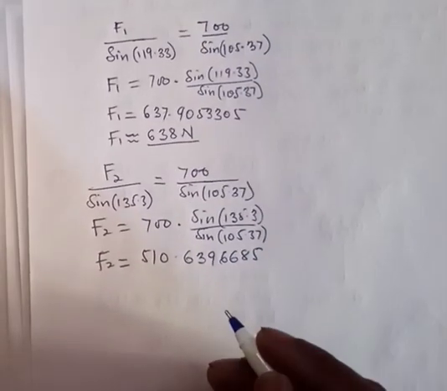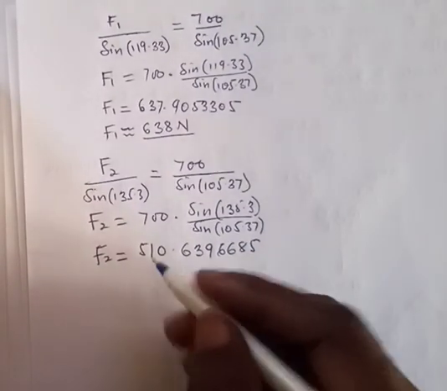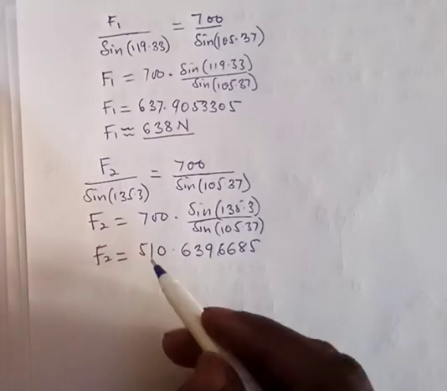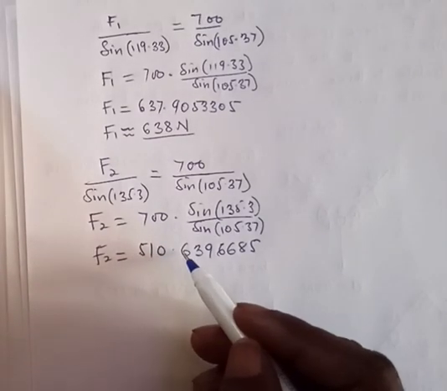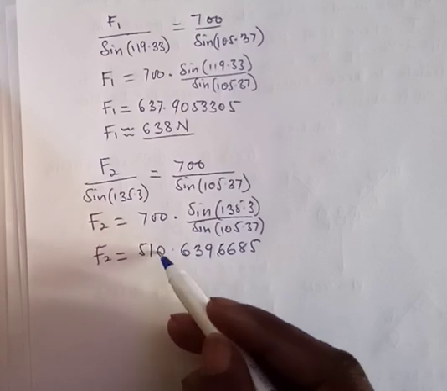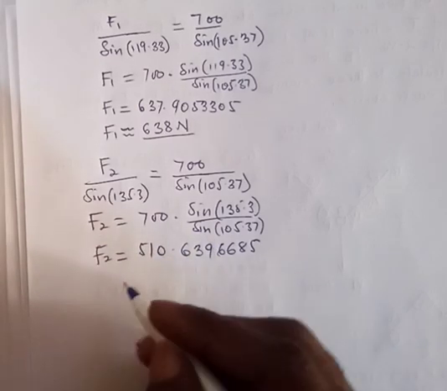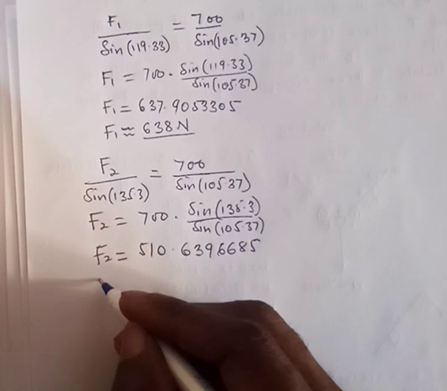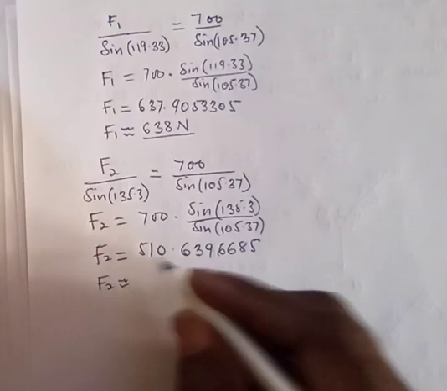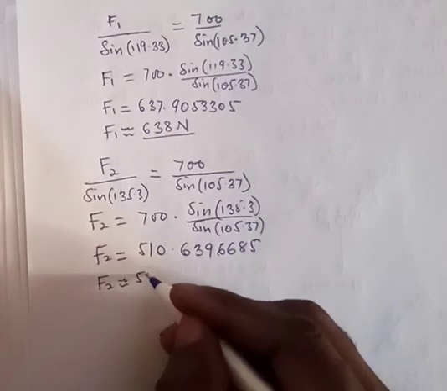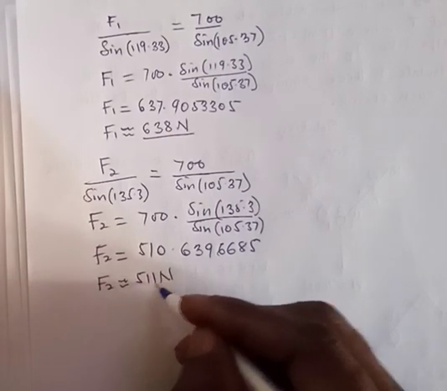So when you use your calculator too, you are getting 510.63966685, and it's also to be corrected to three significant figures. So let's count 1, 2, 3, but the last number is greater than 4. So we add 1 to this, so we have F2 approximated to 511 Newton.